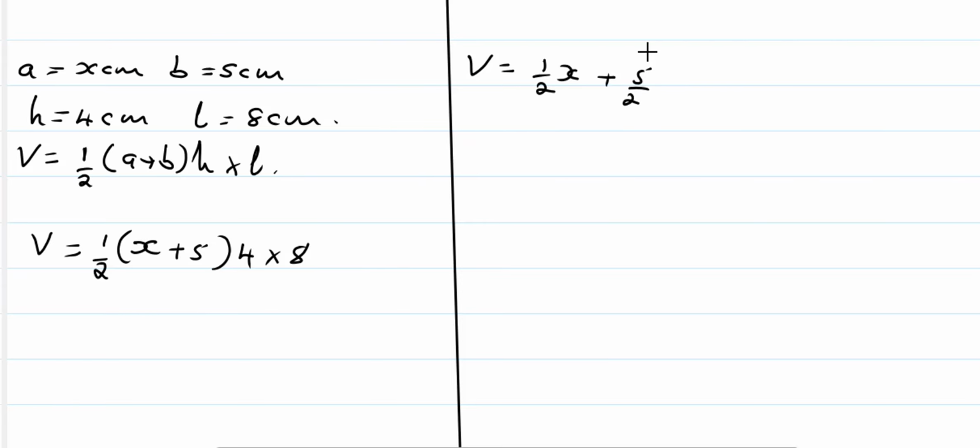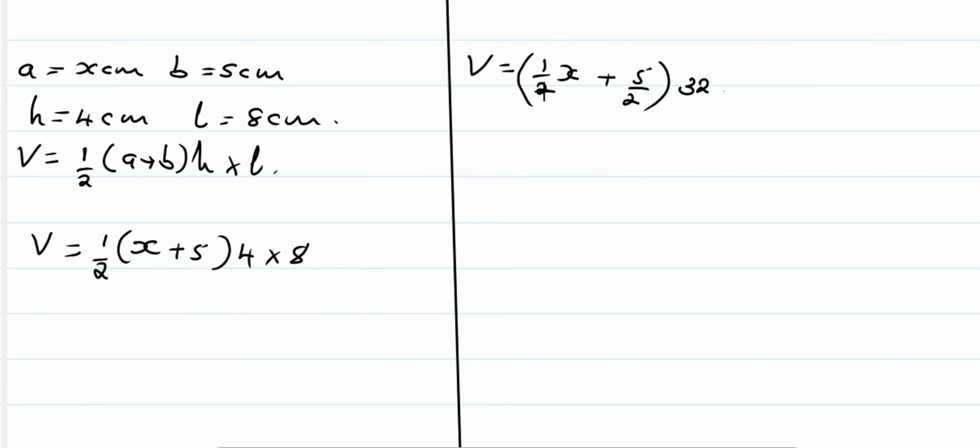Then we multiply all this by all this, opening the brackets, and take this 4 multiplied by 8, which is 32 there. And then again, we repeat the same process. We multiply each of these values by 32.